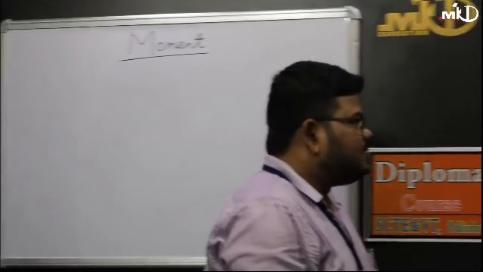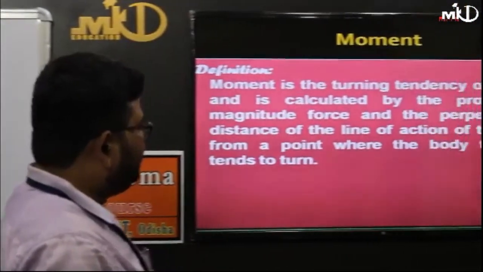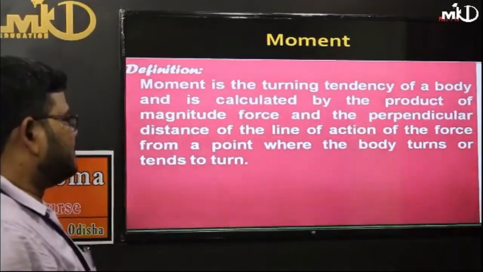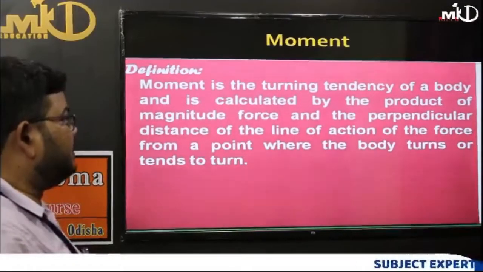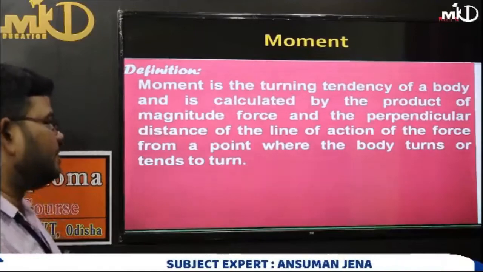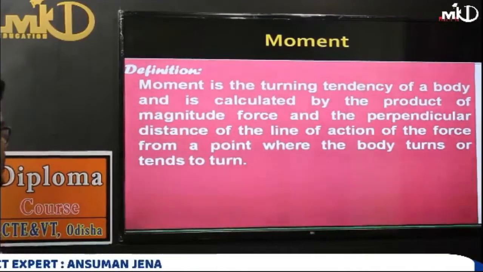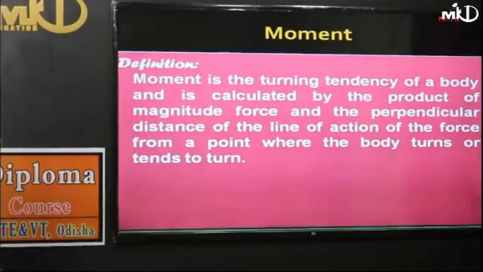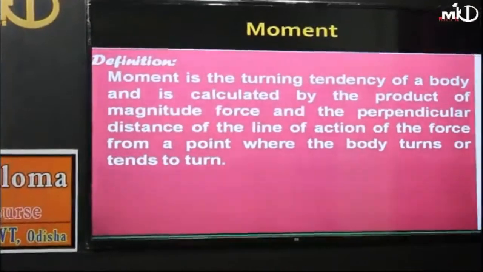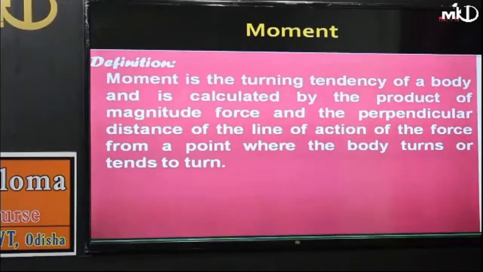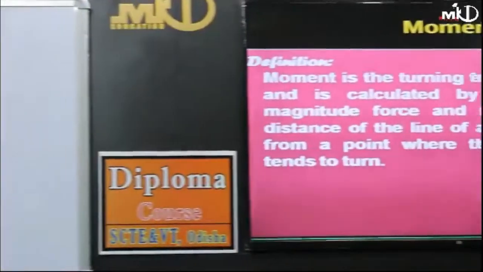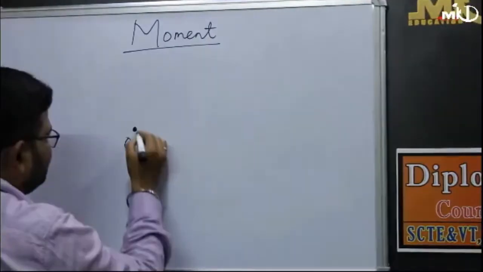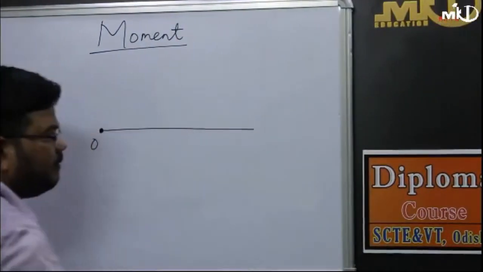Moment is the turning tendency of a body and is calculated by the product of magnitude of the force and the perpendicular distance of the line of action of the force from a point where the body turns or tends to turn. We have already discussed what is moment. So see here, let a point be O about which moment is required to be found.